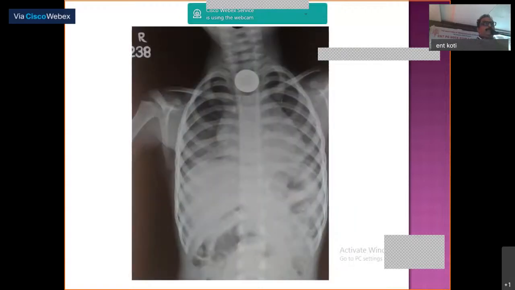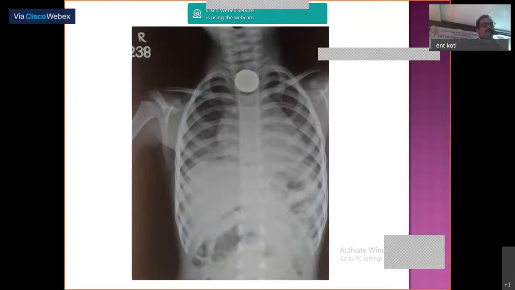So read this X-ray. This is a plain X-ray of the neck, chest and abdomen, showing a circular radiopaque shadow in the lower part of the neck. See, the moment you see the X-ray, don't jump and say foreign body, foreign body. When you are asked to answer, you are supposed to talk like that. So what could it be? It could be a coin, it could be a battery.